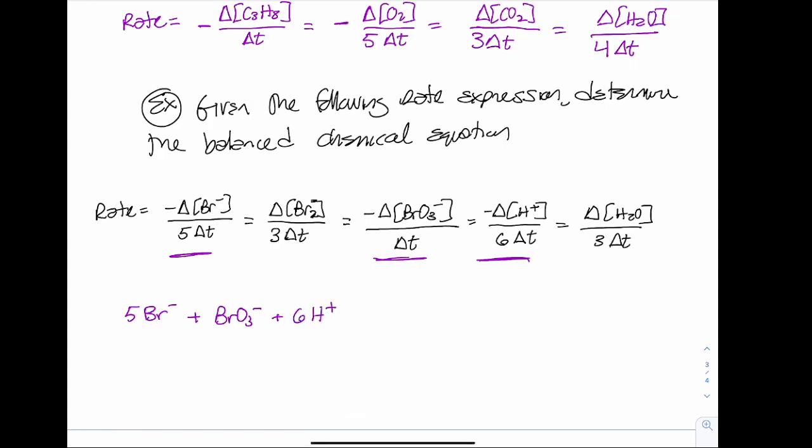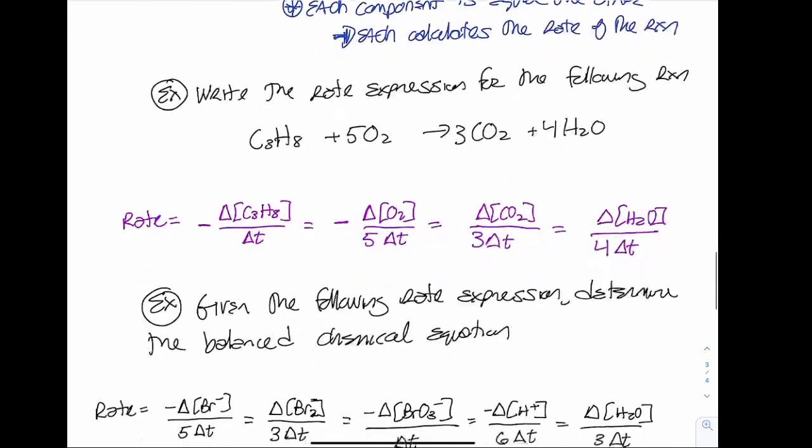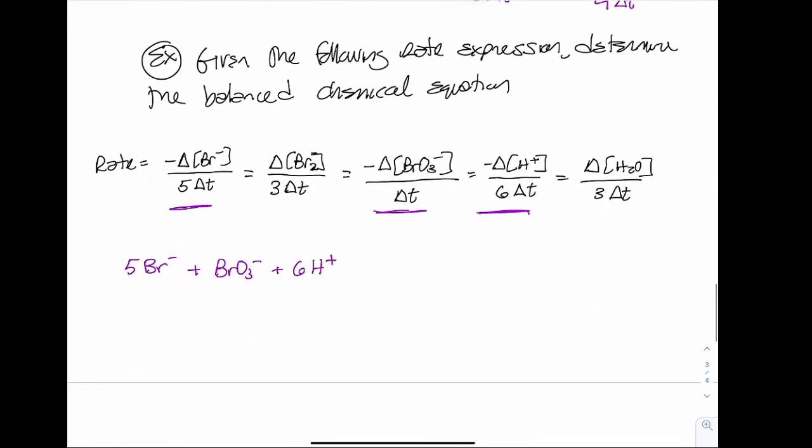So remember, if we go back up, if it has a negative sign here, it's a reactant. My coefficients are those numbers that are in the denominator. The ones that have the positive sign are my products. So I have 3 Br2 and I have 3 water. And that would be my chemical equation.